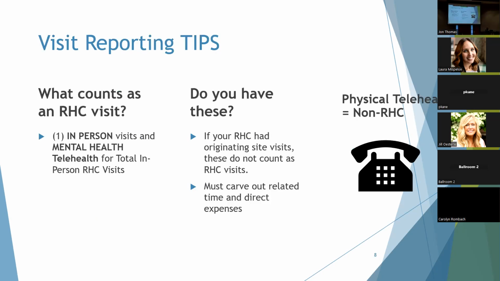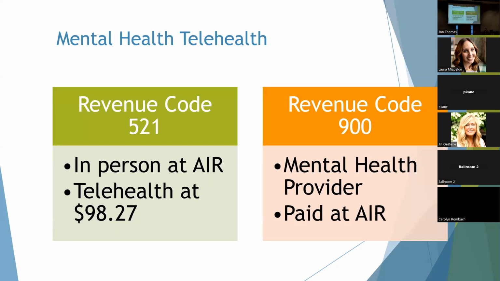So what does count as a visit? In-person visits, mental health telehealth, because they're paid at the rate, right? Physical telehealth is non-RHC because it's paid at that 99 rate. So what is a mental health telehealth?